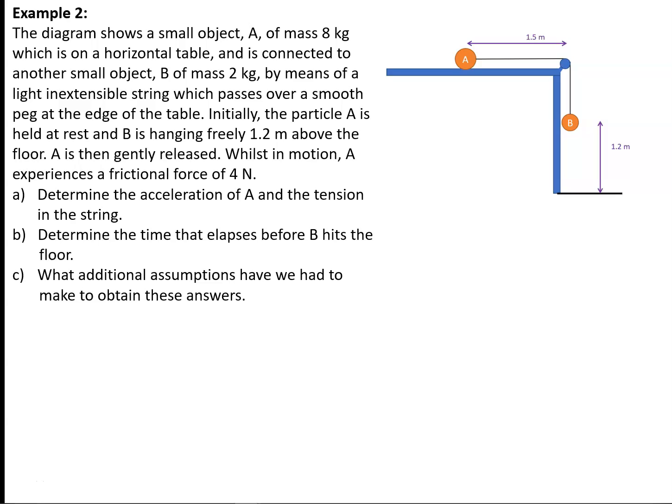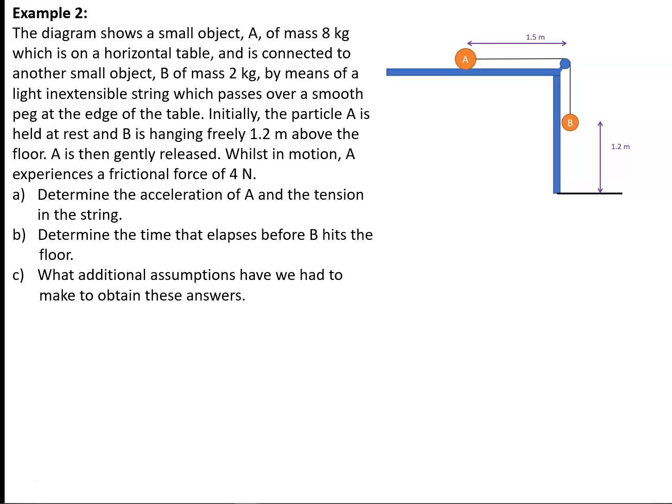For our second example, we have a small object A of mass 8 kilograms, which is on a horizontal table, and is connected to another small object B of mass 2 kilograms by means of a light inextensible string which passes over a smooth peg at the edge of the table. Initially the particle A is held at rest and B is hanging freely 1.2 meters above the floor.